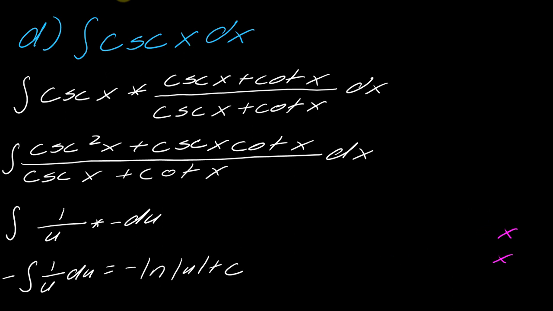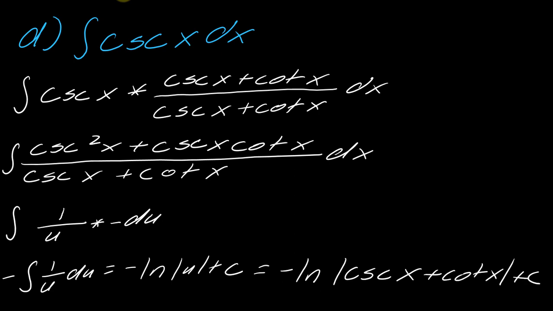All right. So now this will be the negative natural log of cosecant x plus cotangent x plus c. And in this case, rewriting this doesn't really make any sense, so we just leave the answer like this. So here you go, and there's my answer, and so we're good to go.